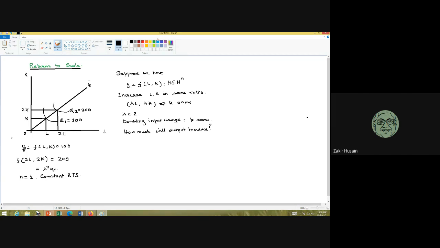So this is a case of constant returns to scale, which corresponds to n equal to 1. Okay, is it clear?